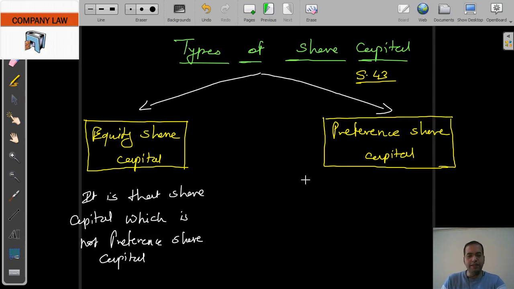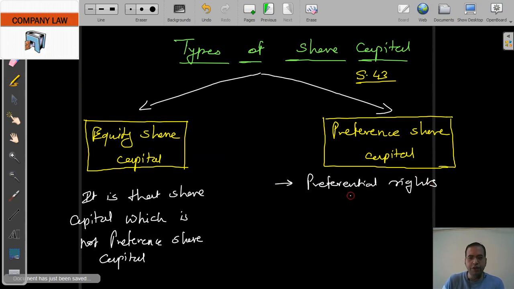So it means that part of share capital with a preferential right. So what does it get? It gets preferential rights. In which particular terms does it get preferential rights? In two different ways.